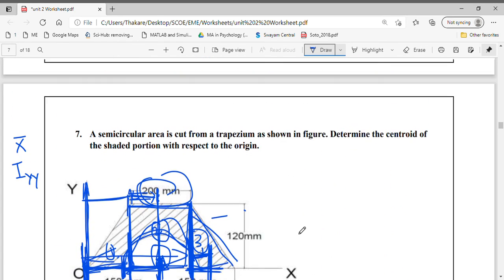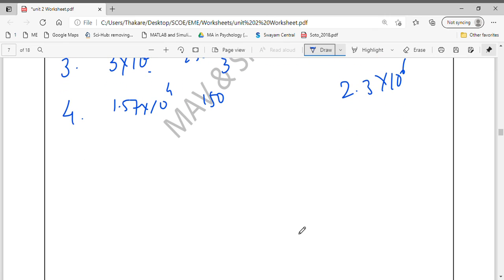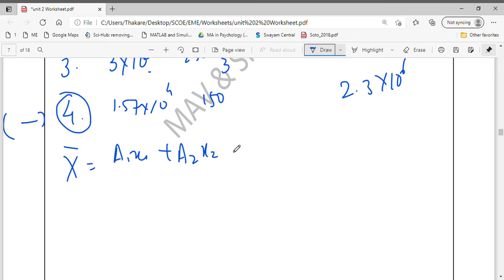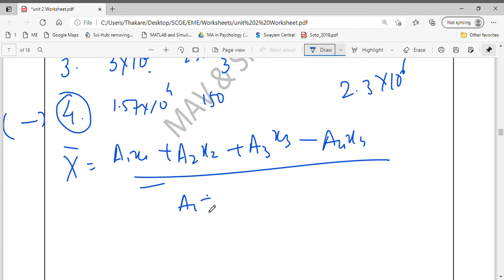Now we have to determine x bar, and the formula for x bar will be, this fourth section is to be deducted, so you will have a1 x1 plus a2 x2 plus a3 x3 minus a4 x4 upon a1 plus A2 plus A3 minus A4.